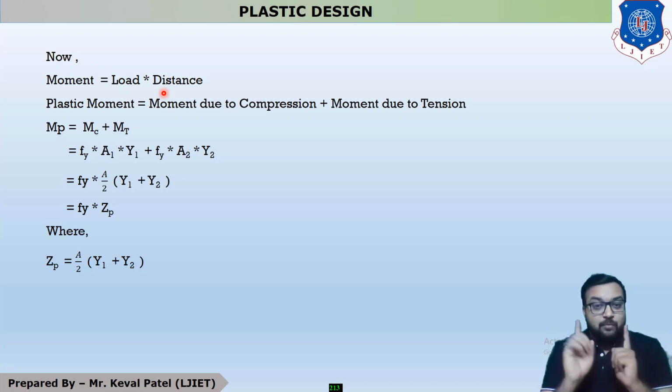Okay. Now moment is equal to force into perpendicular distance. Okay. So your total moment, it means total MP is equal to moment due to compression plus moment due to tension. Okay.